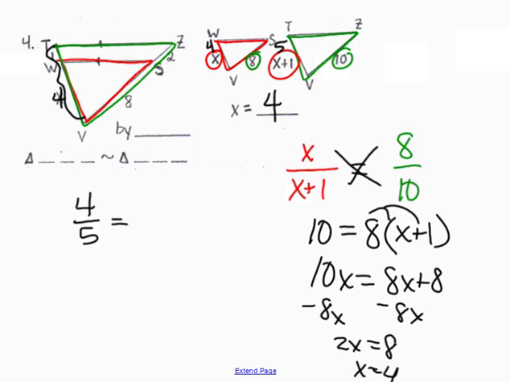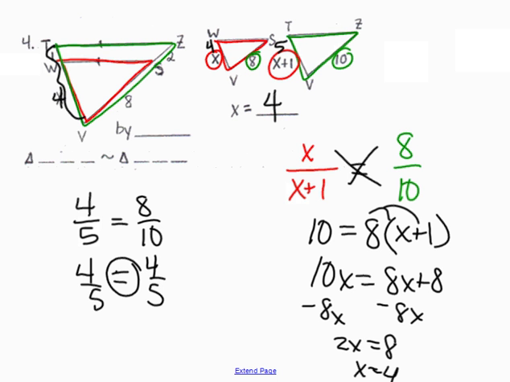Does that equal 8 over 10? Well, if it's 4 over 5, and I reduce by 2, I get 4 over 5. So yes, they are similar. Now we have to figure out why.